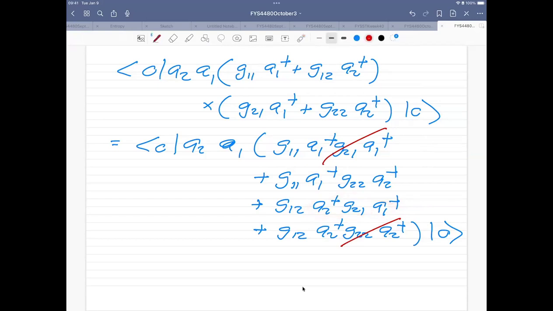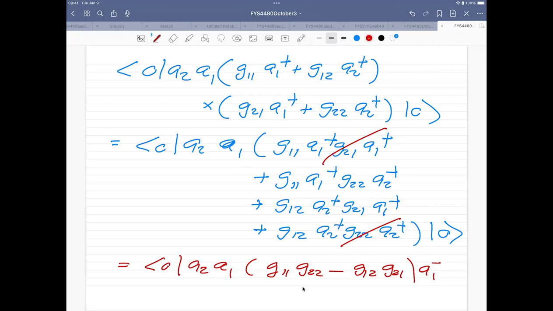So I can actually write this out as 0, and then I have my A2, A1. And then I have an interesting term here. There's a G11 times G22 minus G12, G21.